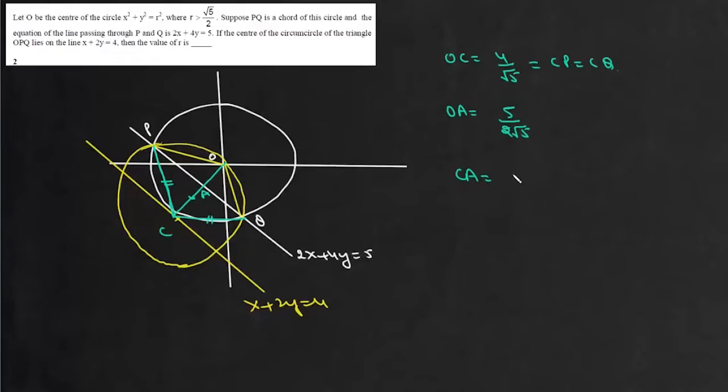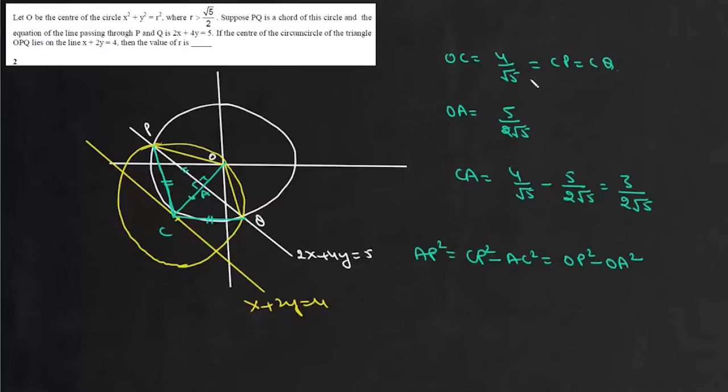CA will be 4 by root 5 minus 5 upon 2 root 5, and that will be basically 3 upon 2 root 5. Now what we are trying to do is create AP square from these two right angle triangles. So we can write AP square as CP square minus AC square, and it will also be equal to OP square minus OA square.